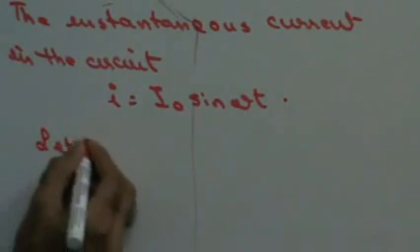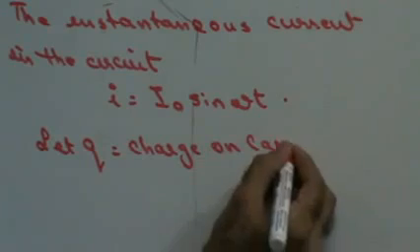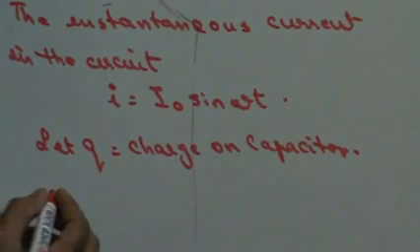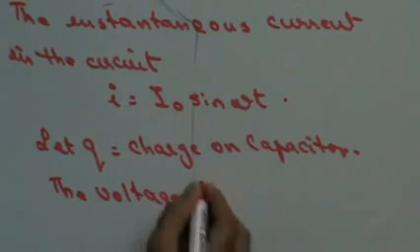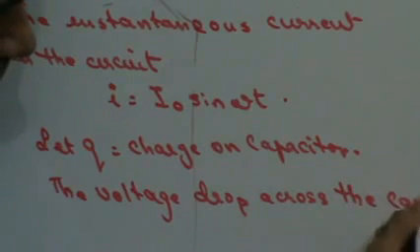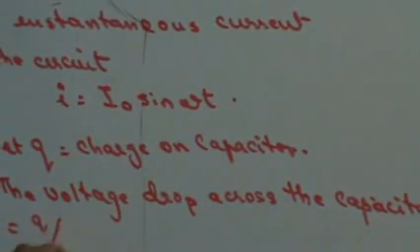Now let us assume that Q is the charge on the capacitor. Then the voltage drop across the capacitor will be equal to Q upon C.